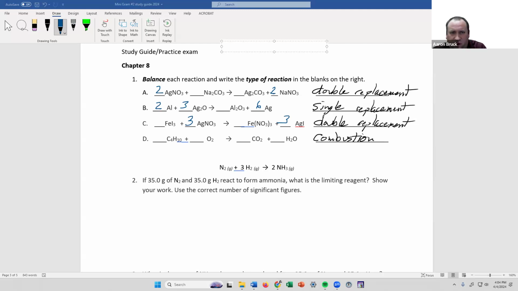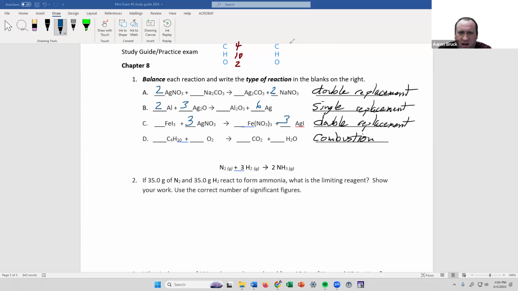So we start with the carbon, the hydrogen, and the oxygen. And for the carbon, I had 4. The hydrogen, I have 10. The oxygen, I have 2.